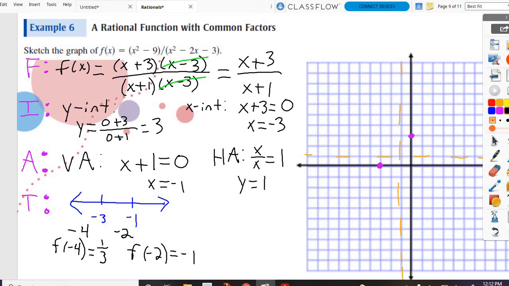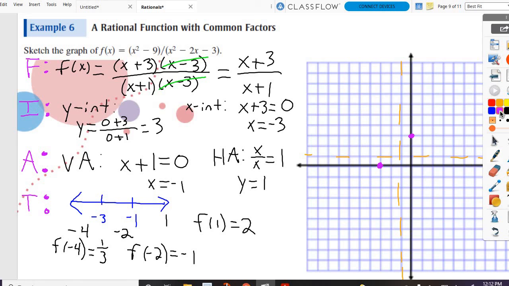And then lastly, what's something that's to the right of -1? We could do 0, but notice that we already have a point at 0, so we don't really want to do that one again. So we could plug in, let's say, like 1 instead. So what do we get for f of 1? 4 divided by 2, which is 2.